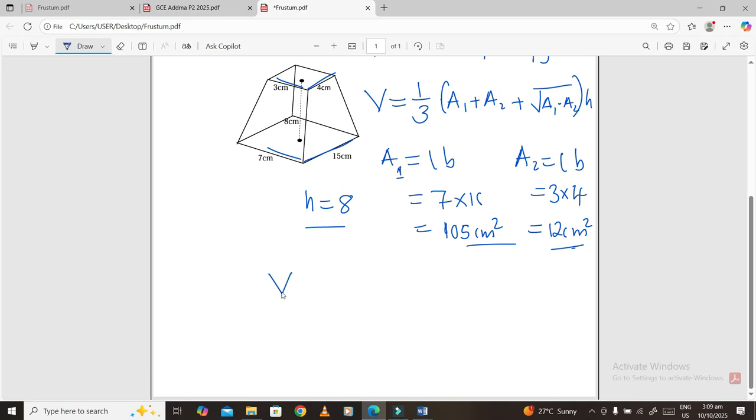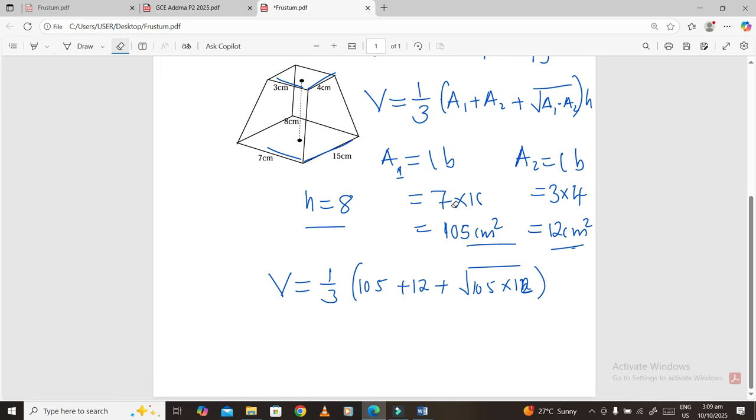Now we can say volume is equal to 1 over 3 open bracket, area 1 which is 105, plus area 2 which is 12, plus square root of 105 times 12, close, times 8, which is the height.